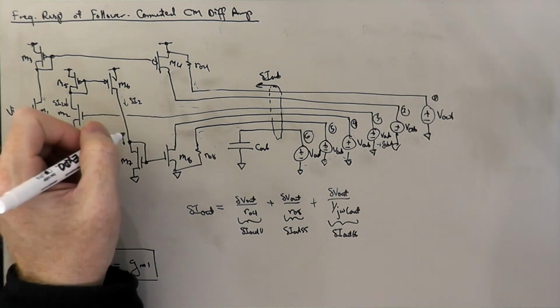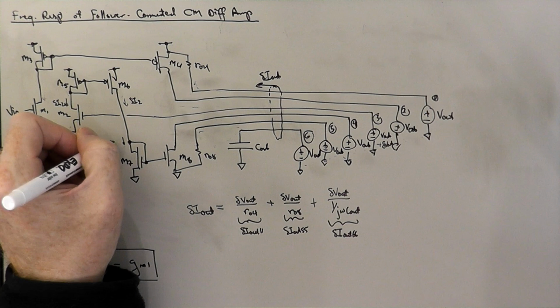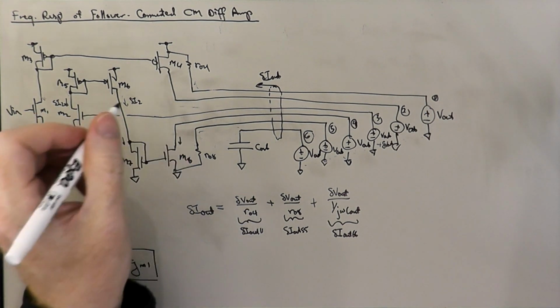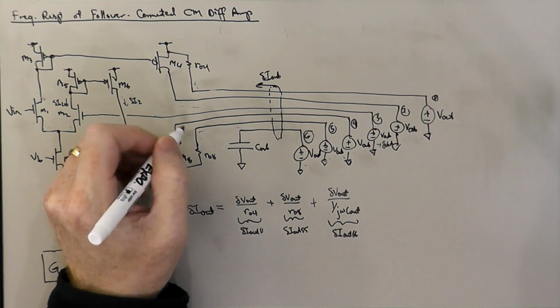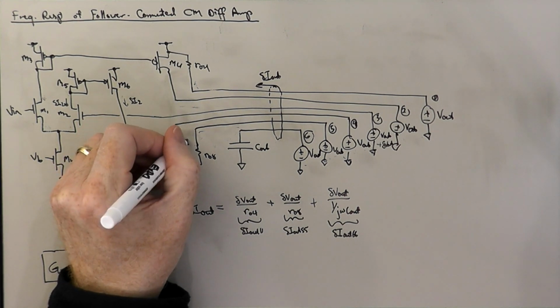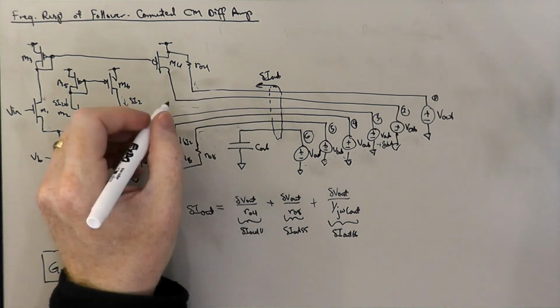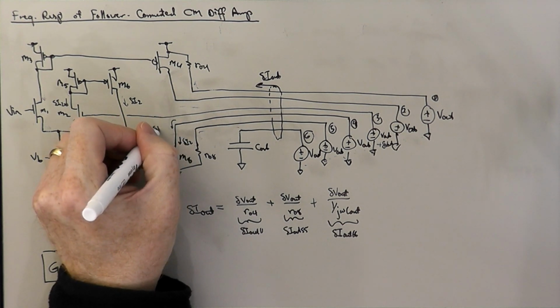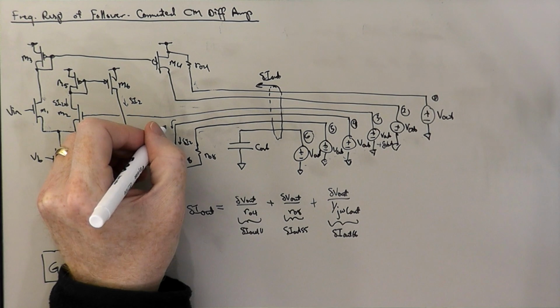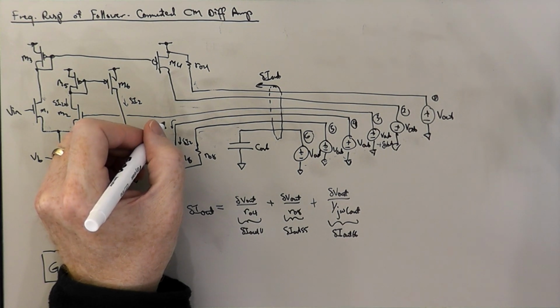And then it's mirrored by M7, M8, delta I2. And it comes in to the circuit. So it represents positive delta I out, and this is a delta I out in branch 4.